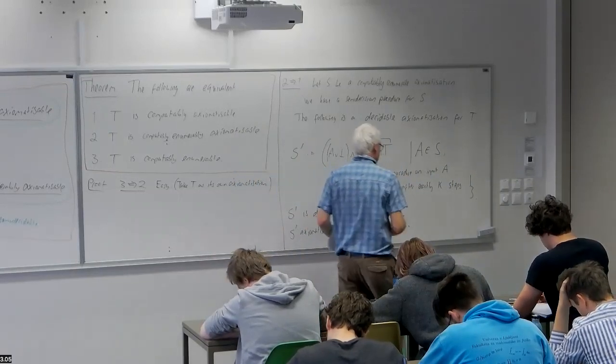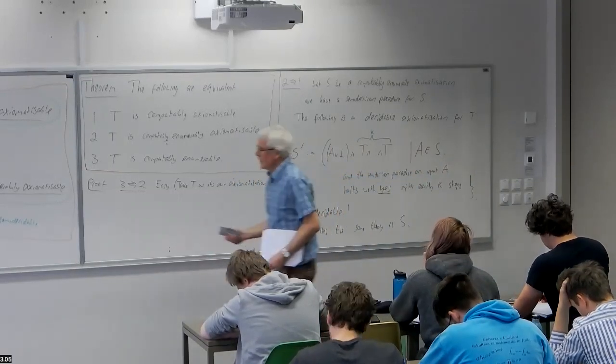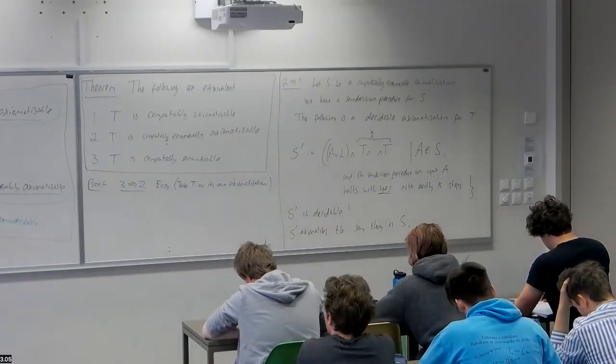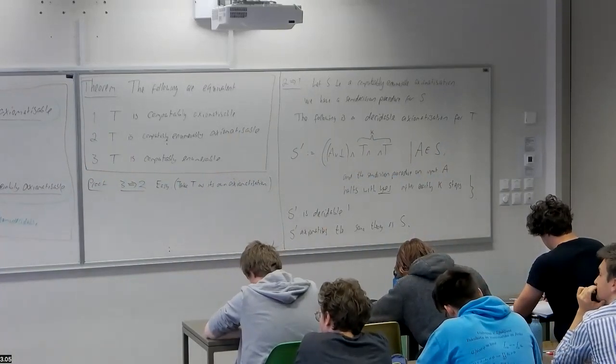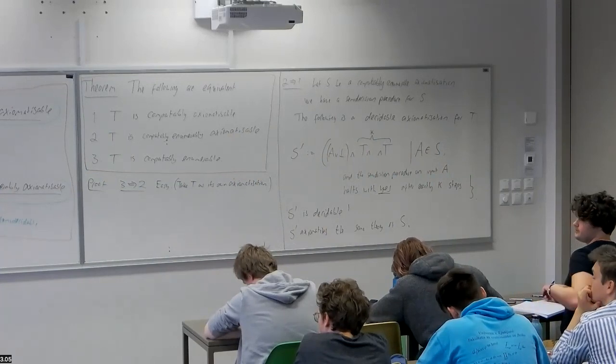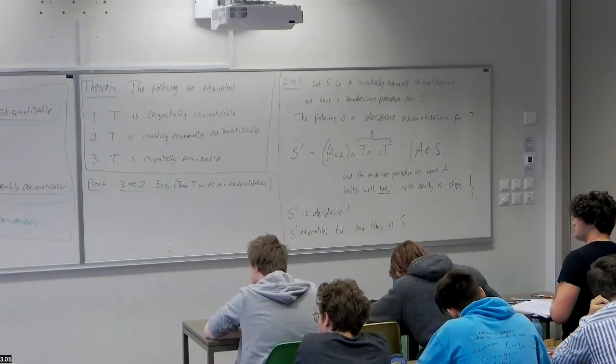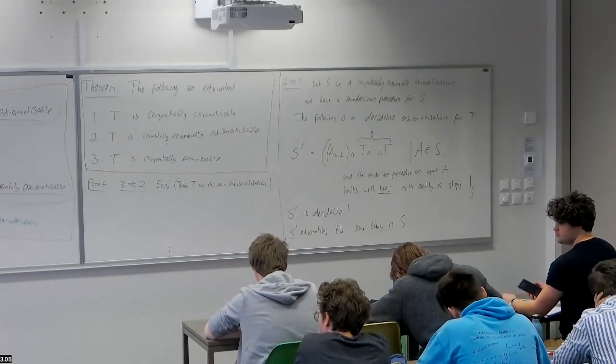So we now just need to do 1 implies 3. And this is the point at which I'm going to reiterate something I said in the introduction to this lecture, only this time we'll write it on the board.